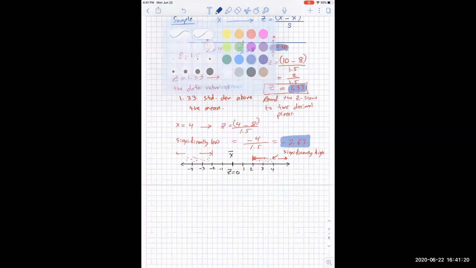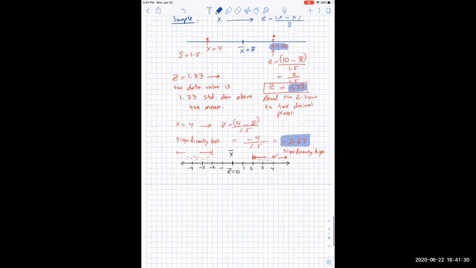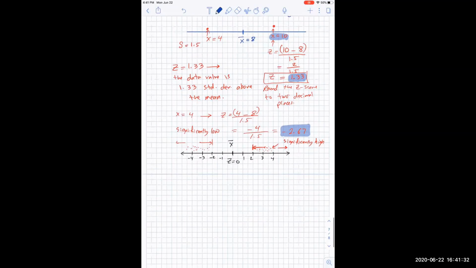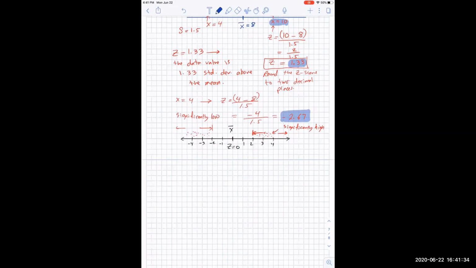Okay, questions? Guys, you understand? Very, very important. Each data value has a standard score or z-score, and that score tells us how far that data value is above or below the mean. If the data value has a positive z-score, it's above the mean.